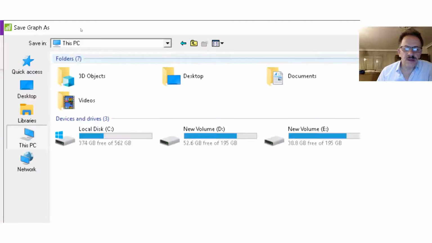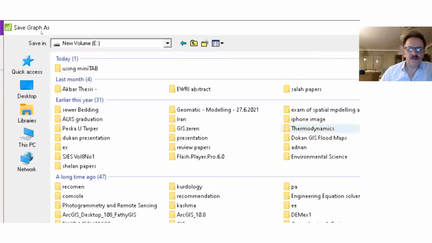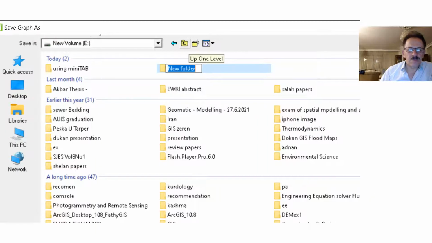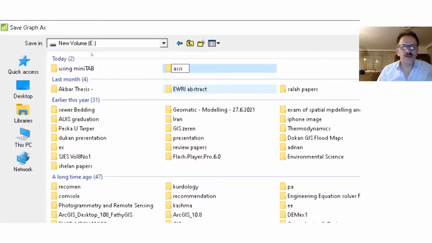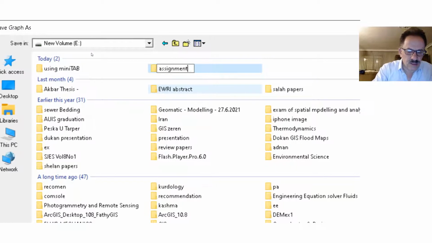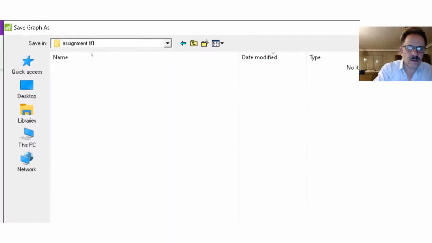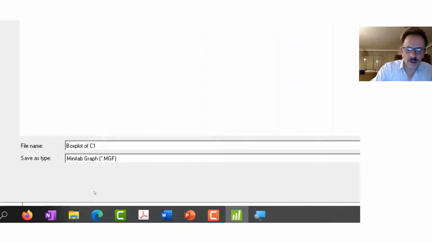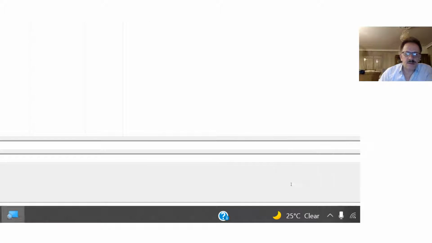Yes, I will do the save, and be careful that you have to save all the data together in a specific order. For example, in my case, I will just go to any drive, and I will open a folder. Here's the folder. I will say, let's say, assignment number 1, and then in assignment number 1 I will say, yeah, save here.